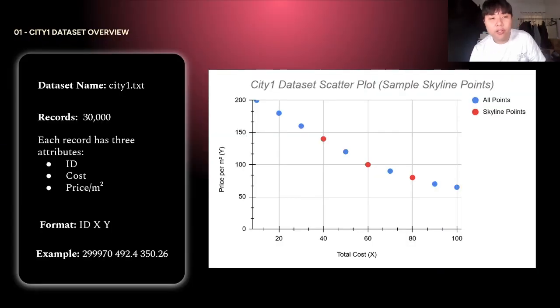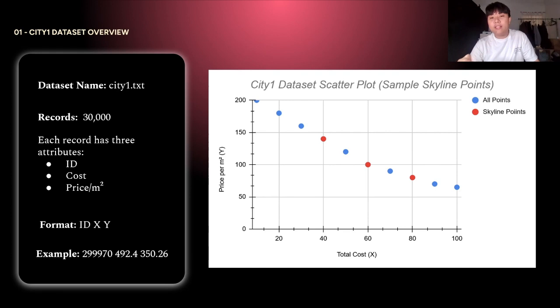Alright, so for the first one, our dataset name is city1.txt. It contains over 30,000 records, and each record has three main attributes. First is the ID, next is the cost for X, and Y is the price per square meter.